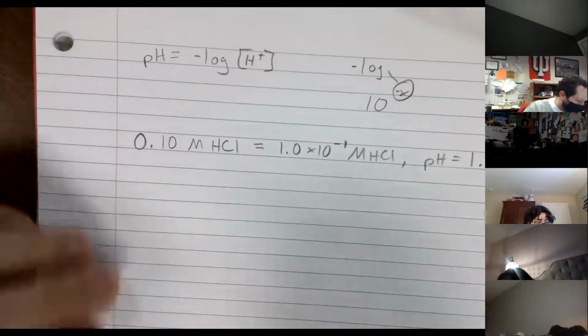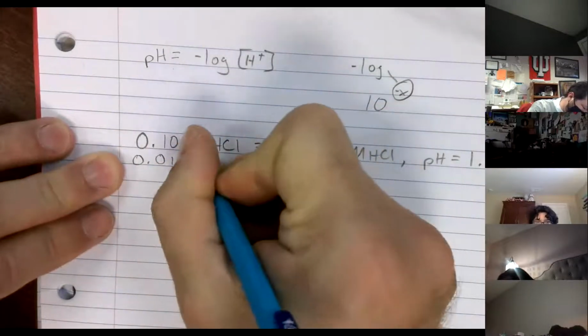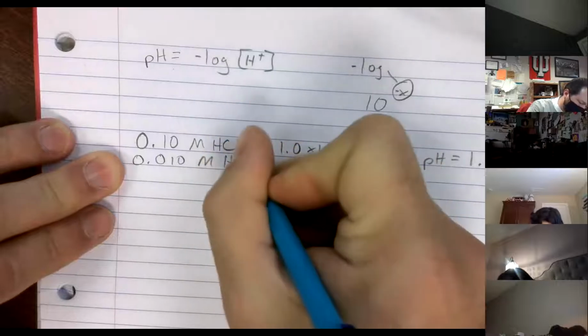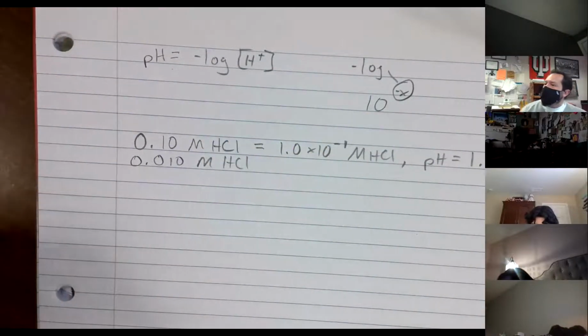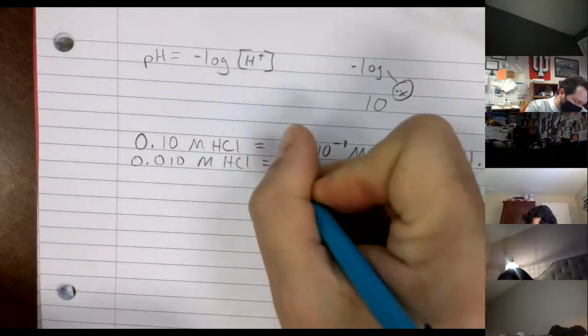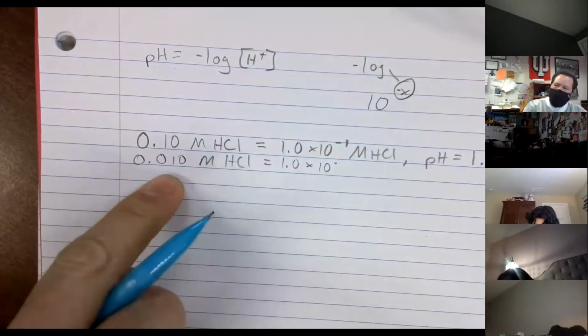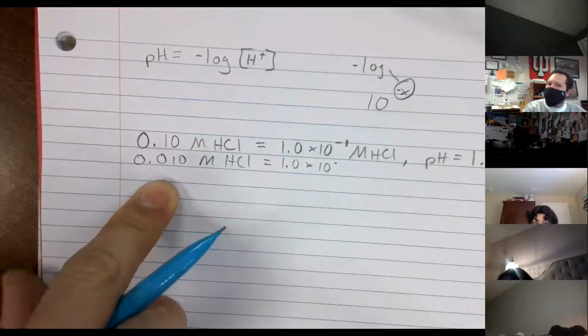Let's do another one. Let's say 0.010 molar HCl. Again, this time we are 2 places behind the decimal.